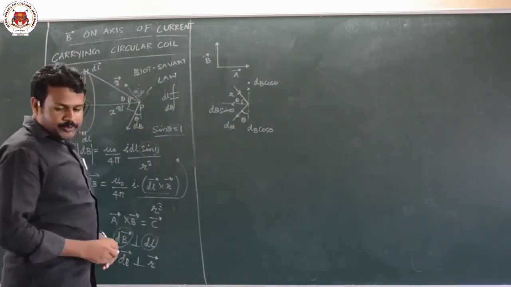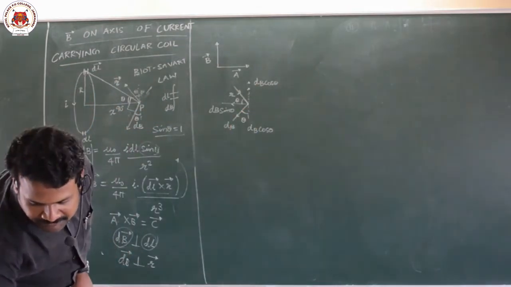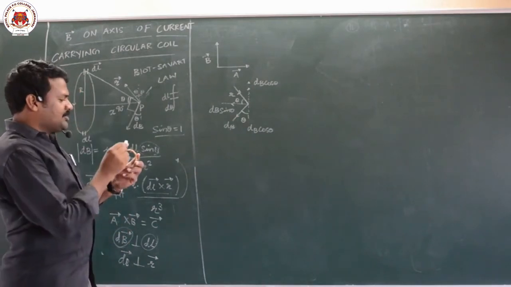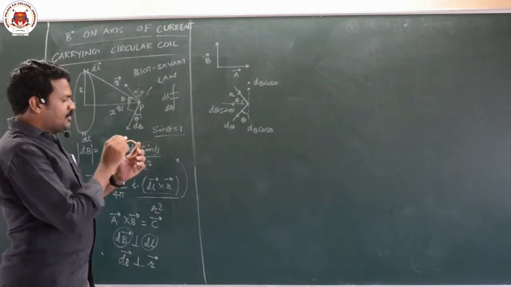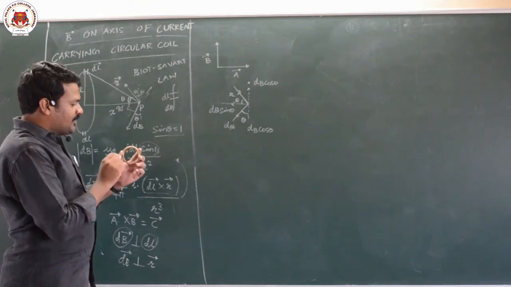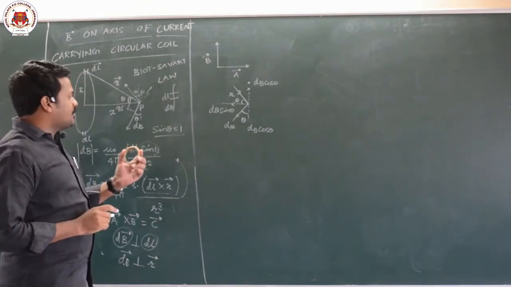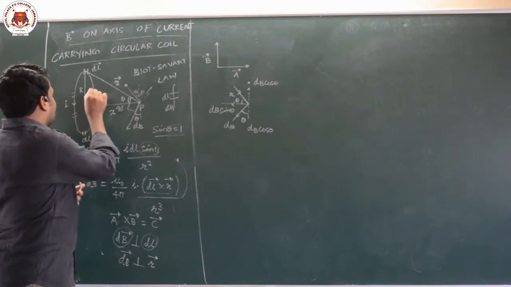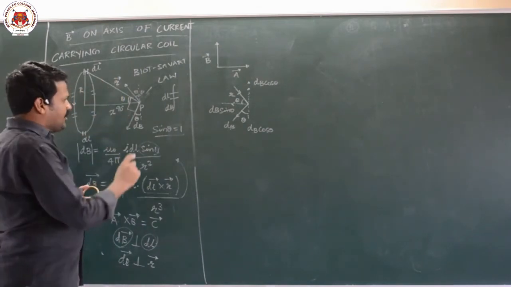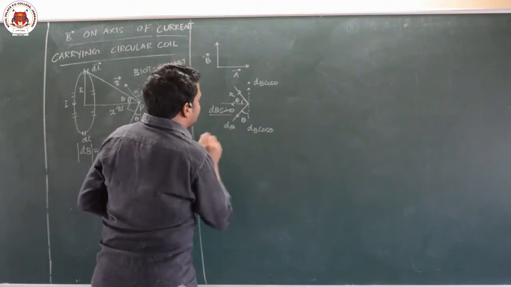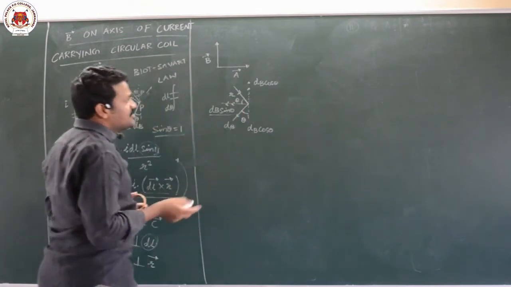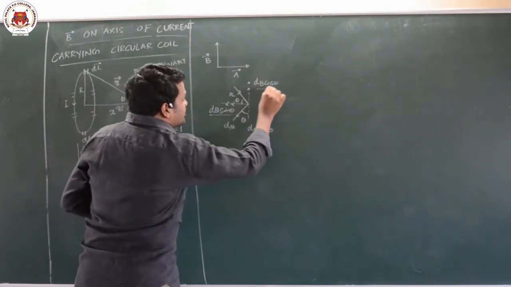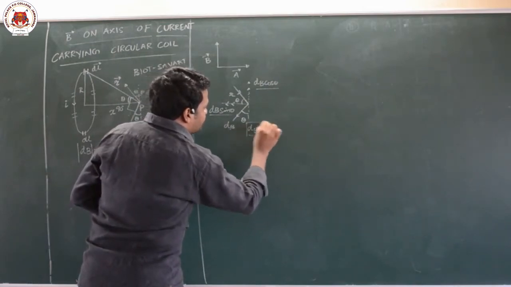So if you take two diametrically opposite elements, this is one element, this is another element, this produces magnetic field in one direction, this produces in the opposite direction. So for any two elements you take, the sin theta components remain uncancelled, whereas cos theta components will get cancelled.